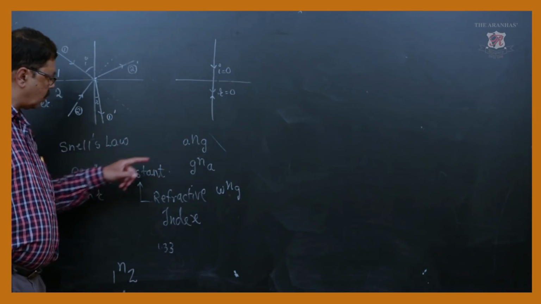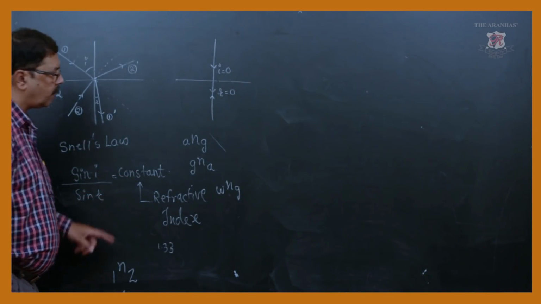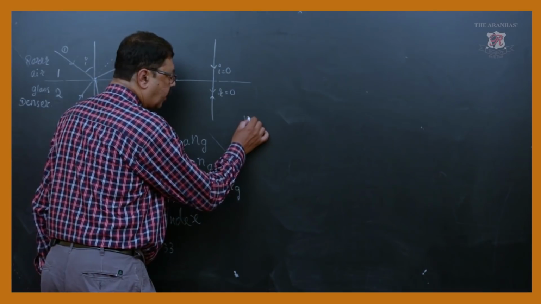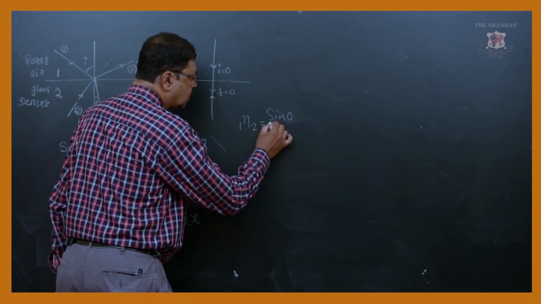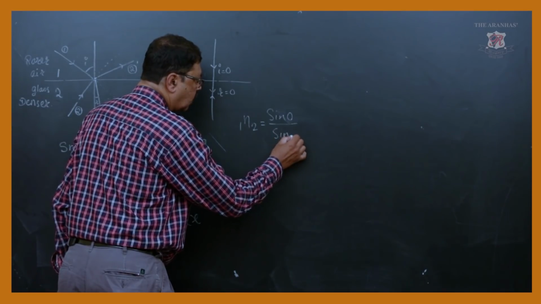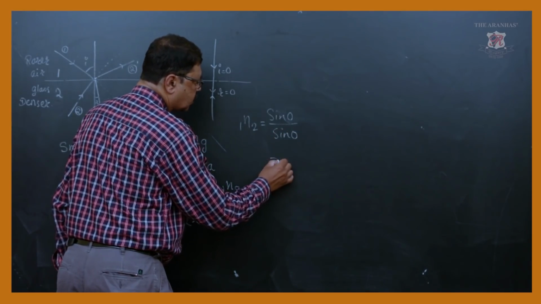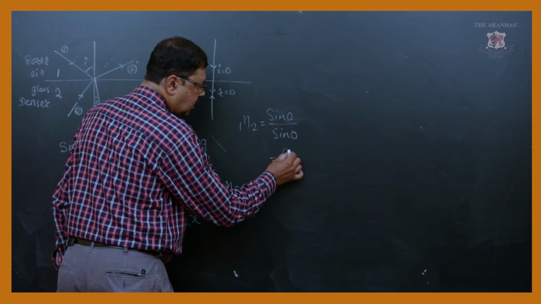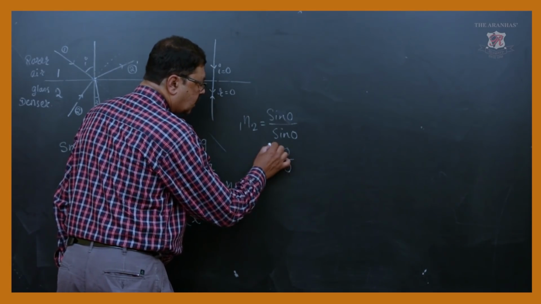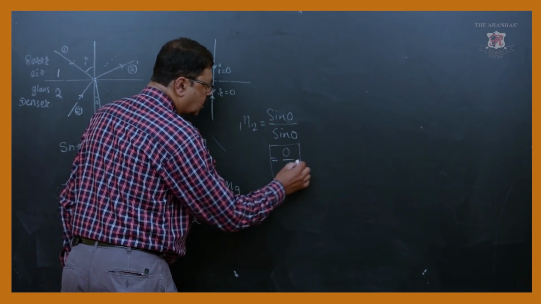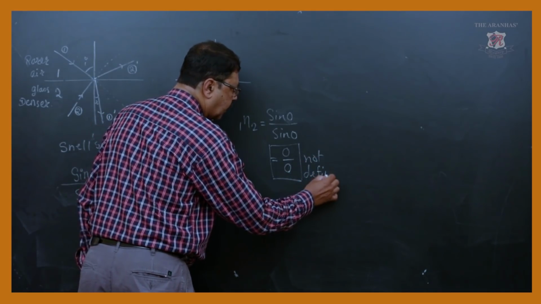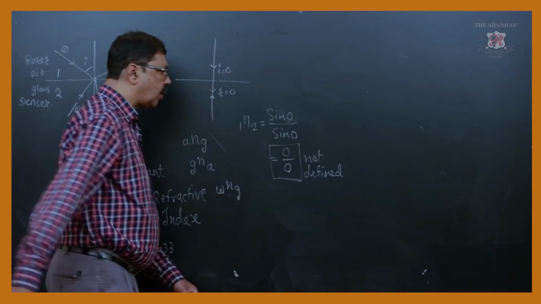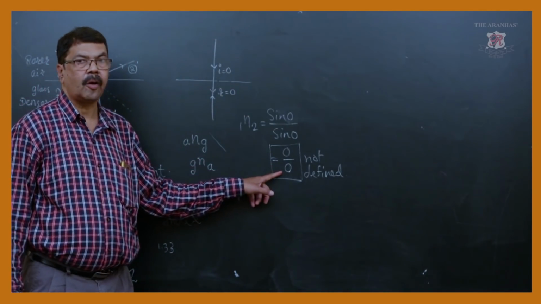If you are going to use this particular formula, then 1n2 will be sine 0 upon sine 0. What is the ratio? Sine of angle 0 is 0. This number is not defined. You cannot have a number, or you don't define a number, with 0 in the denominator.